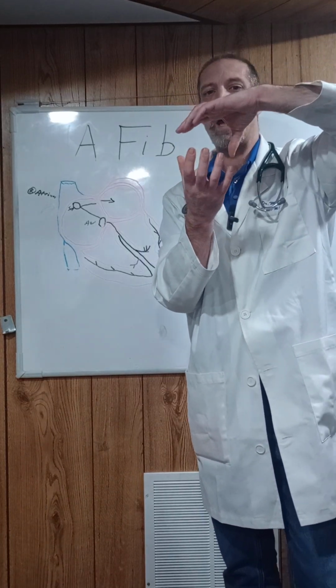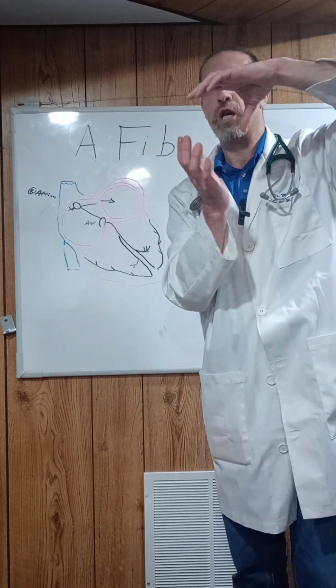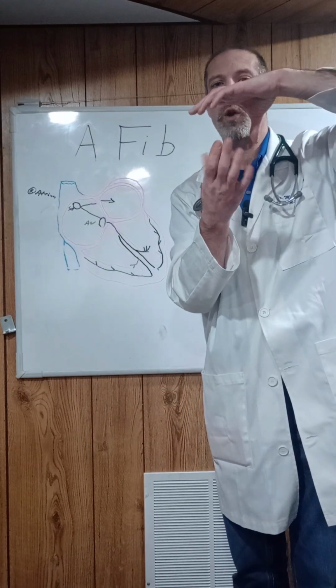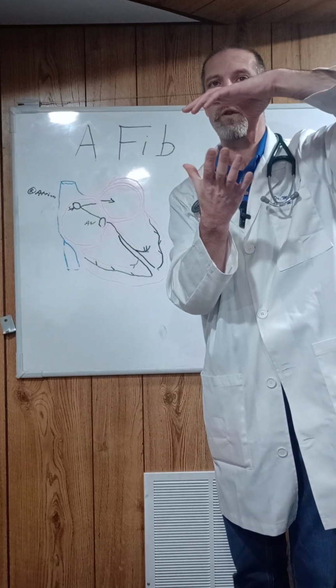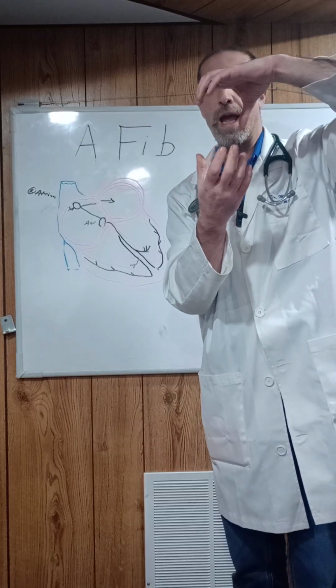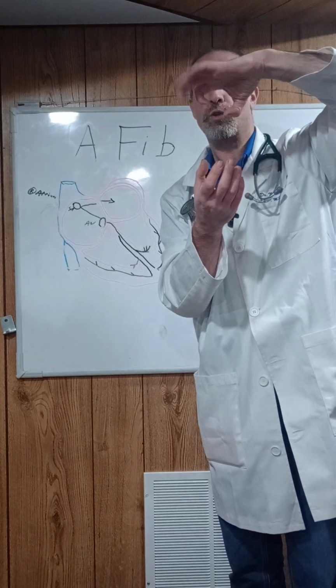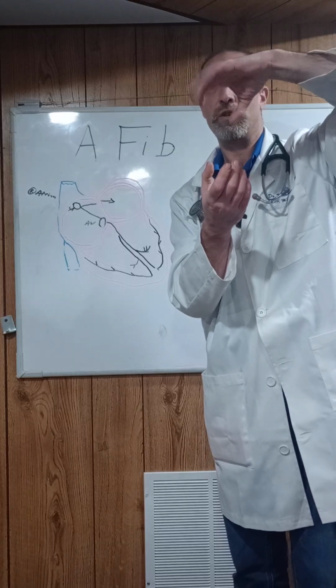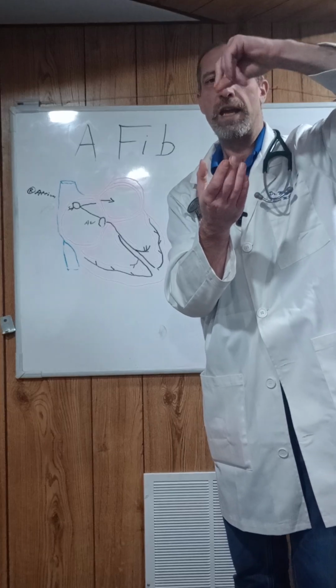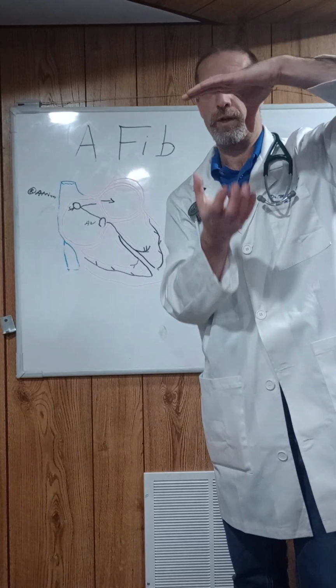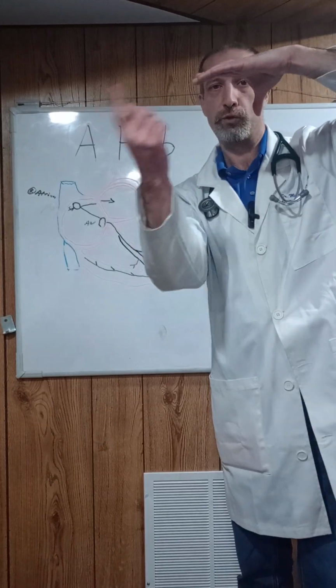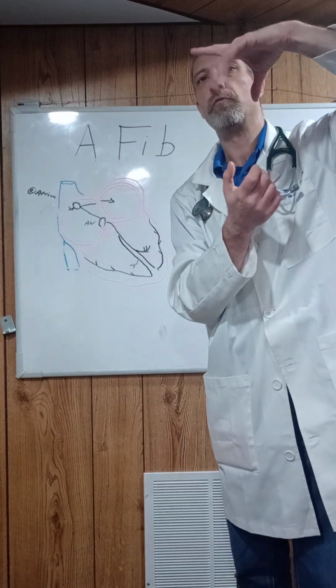Now what happens when we have someone that's in AFib? Your ventricles are going to pump the way they're supposed to. What happens is in the upper chambers of the heart, the electrical activity is making it quiver, occasionally squeezing and bringing blood down to the ventricles to circulate through the rest of the body.